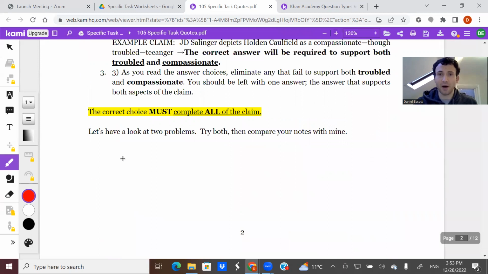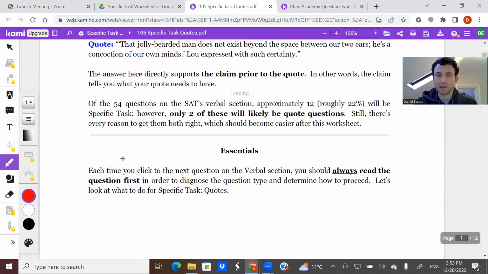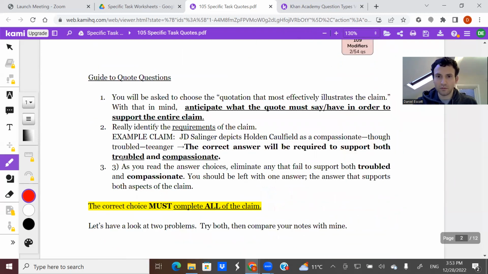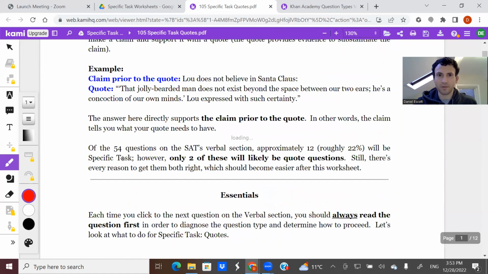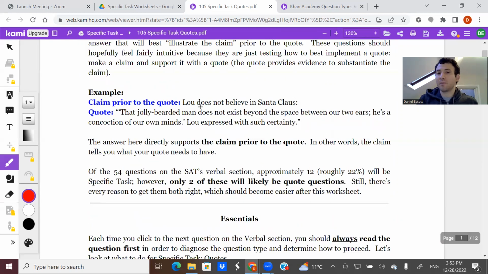The example I had above is here. If my claim is Lou does not believe in Santa Claus, if that's what I say right before the quote, and those who've watched the worksheets on colons know that when you see a colon, whatever comes next further clarifies the independent clause or claim to the left.